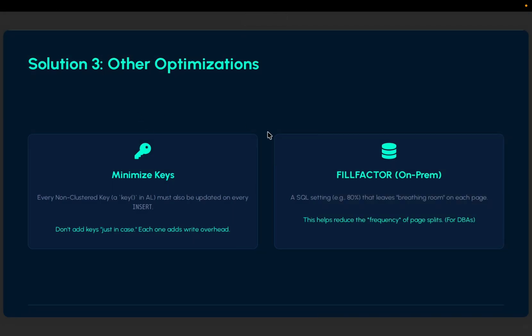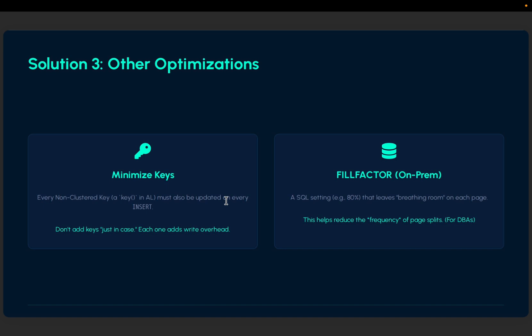Solution number three is minimizing the keys. Although we have learned that it is good to have indexes for faster retrieval of data, it is not the case that if you have 100 fields in your table, you will create 100 indexes for it, right?